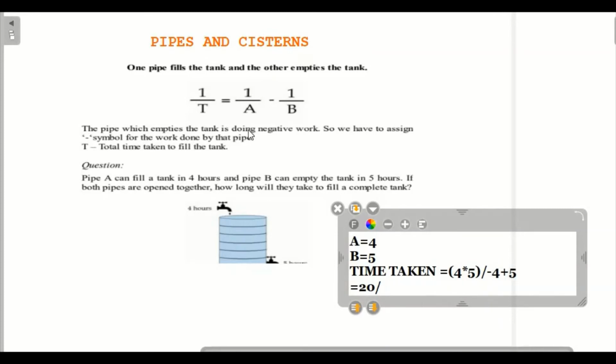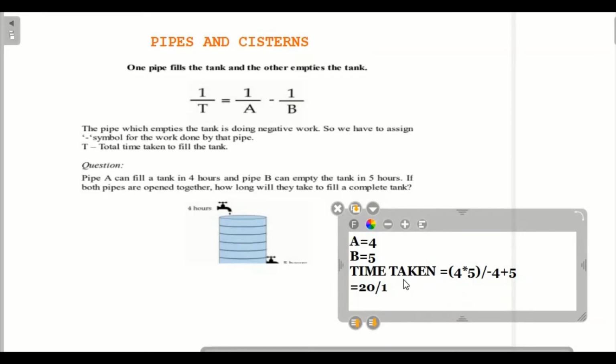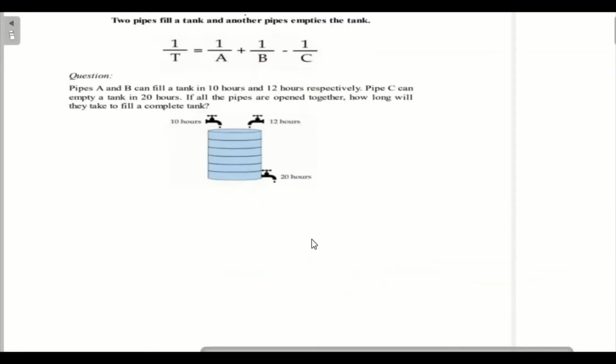So A into B divided by minus 4 plus 5, which is equal to 1. So we have the answer 20. It takes 20 hours to fill the tank. So we'll move to the next sum.